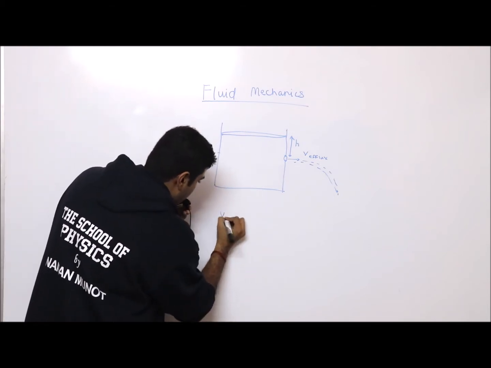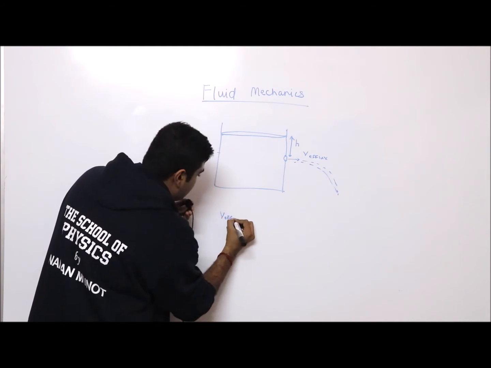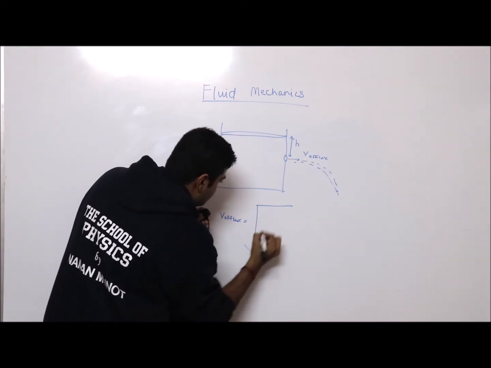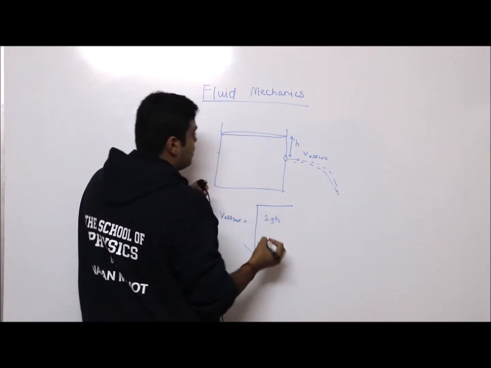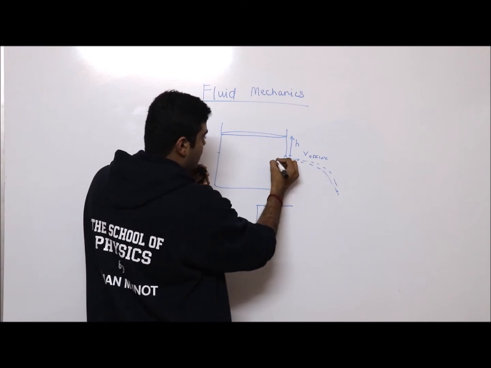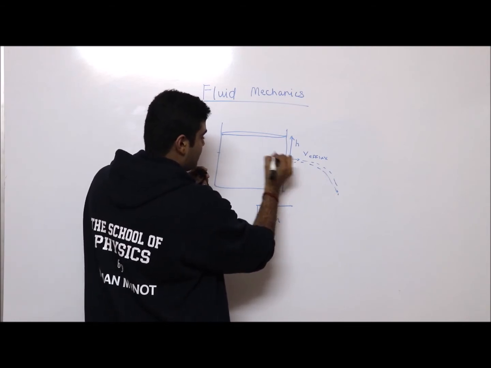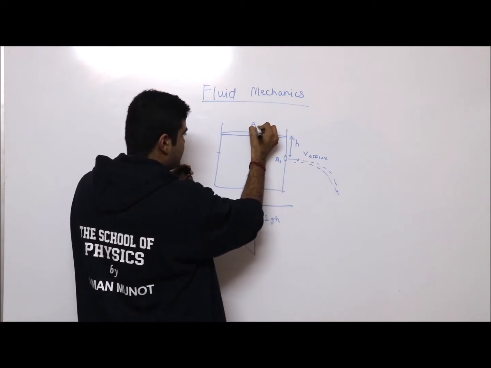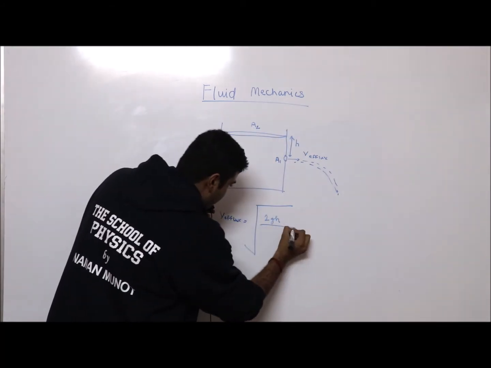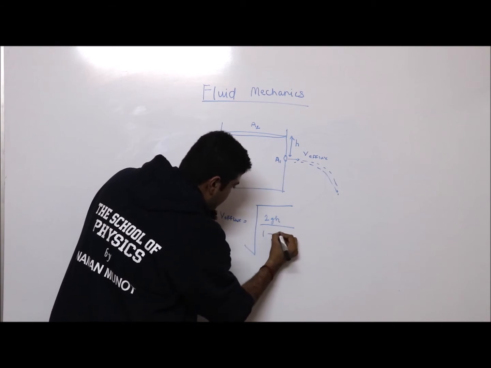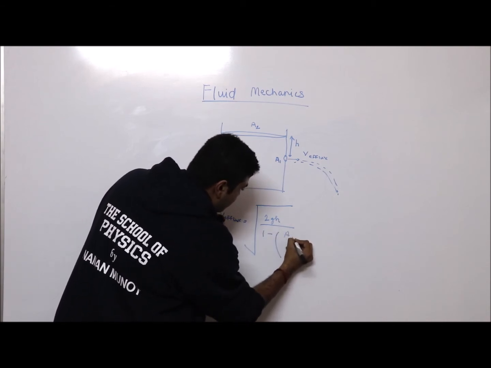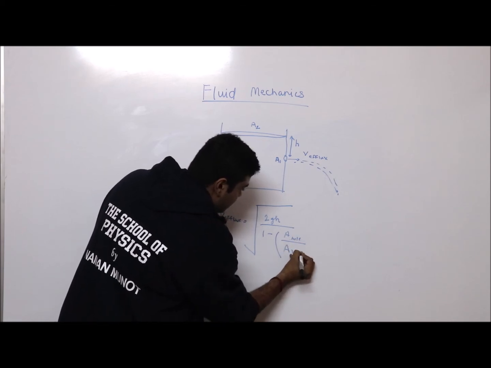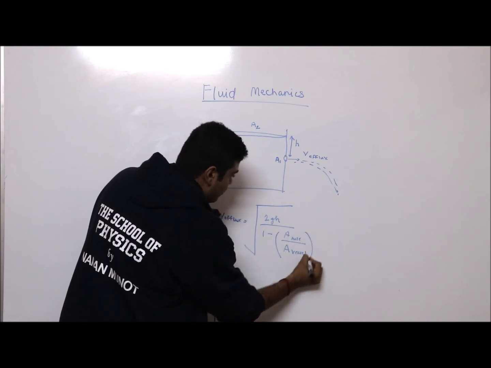The formula says velocity of efflux is equal to under root 2 gh, where the area of the hole is A1 and the area of the vessel is A2, upon 1 minus area of hole upon area of vessel, whole square.